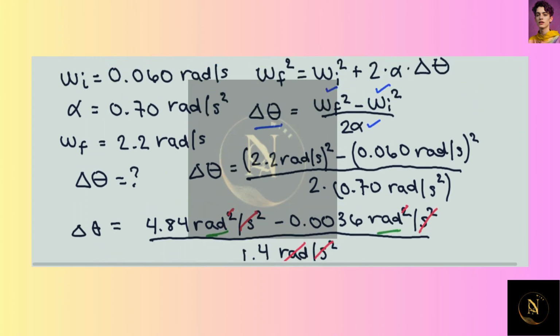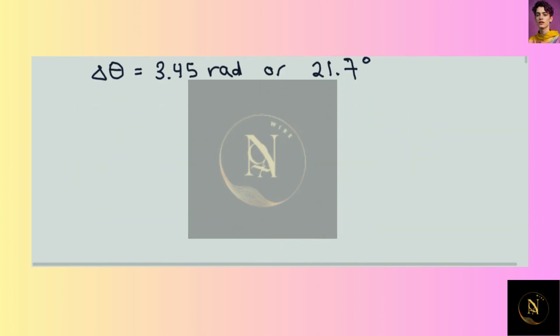Now let's consider what would happen if we doubled the initial angular velocity and the final angular velocity, but kept alpha constant. So we'll rewrite this equation. Delta theta equals the final angular velocity squared minus the initial angular velocity squared, all over 2 alpha.